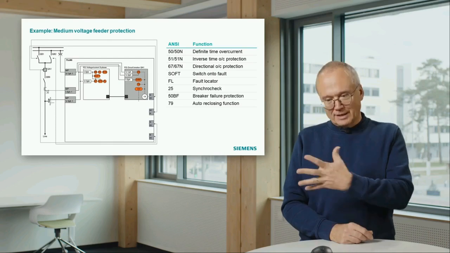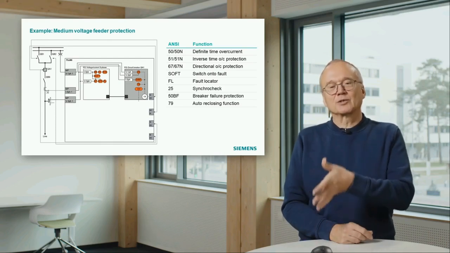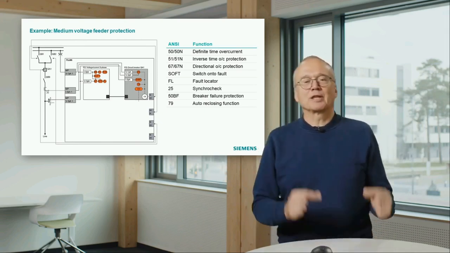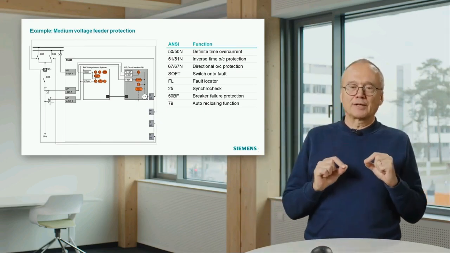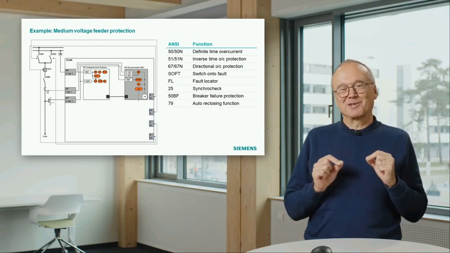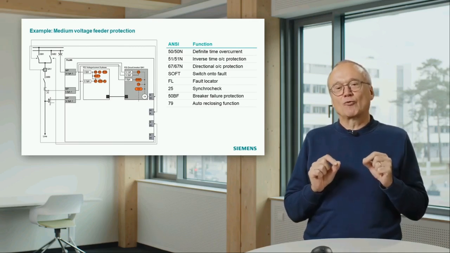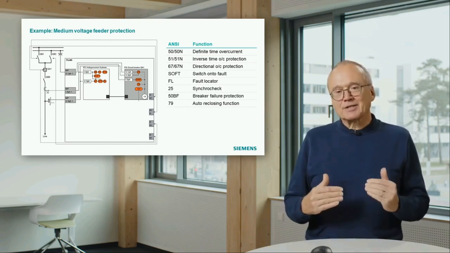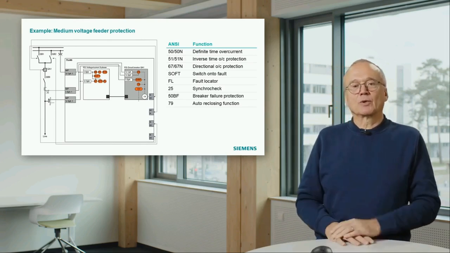The short circuit it sees is a result of closing the breaker and it directly opens. That means this switch onto fault function, which sounds a little bit strange, gives you a fast tripping in this particular situation.